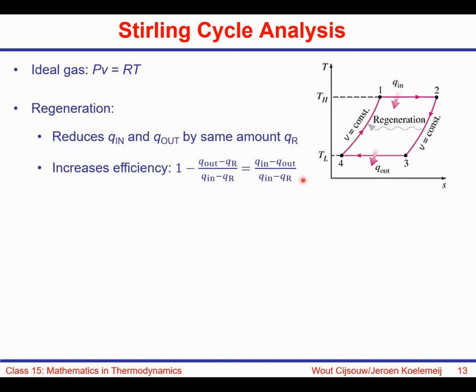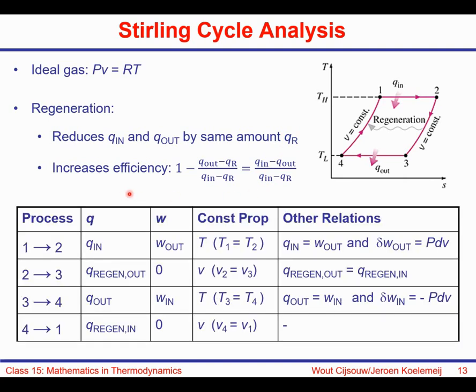And since QR is bigger than 0, it's implied that this fraction becomes bigger because of QR. And this entire fraction is equal to the efficiency. So this regenerator, this bit of heat QR that it recycles, actually improves the efficiency of the Stirling cycle.